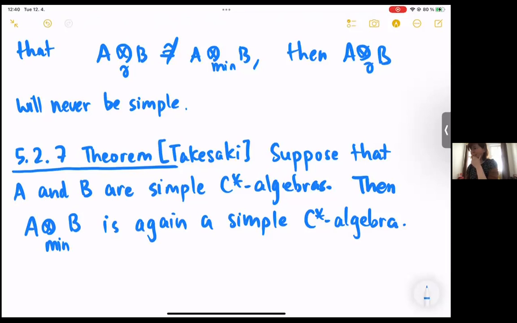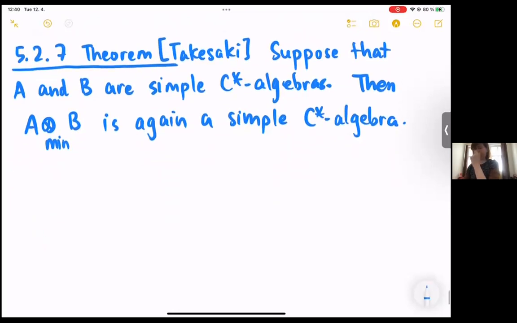And indeed, we do. But first I wanted to say actually that, when we built the minimal tensor product, we used the universal representations. And one of the key things there is that they were faithful. And we knew that we can take this tensor product of faithful representations and get something again that's going to be faithful.